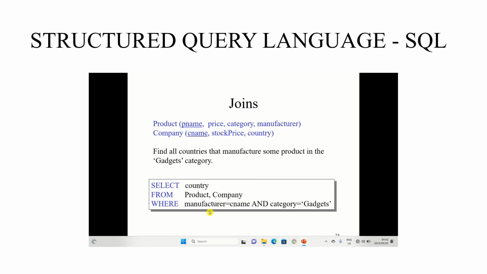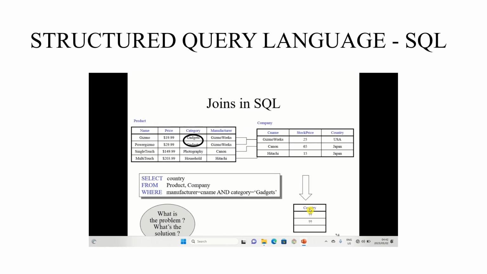The first condition is always the join, and then exhaust all the other conditions later on after establishing the join. So manufacturer product in the gadget category. So category equals gadgets. Remember to put single quotes because it's a string. Okay. So that's it.